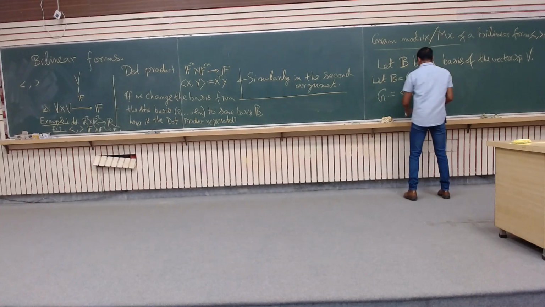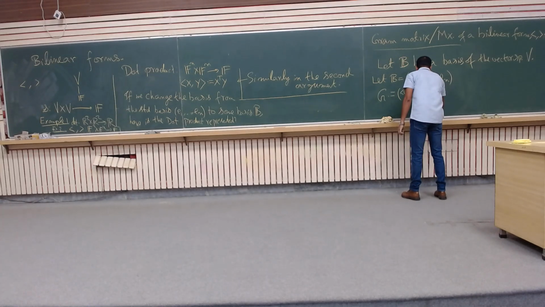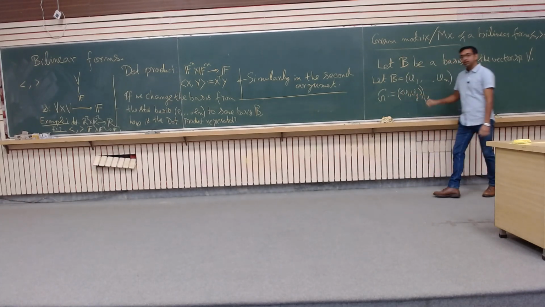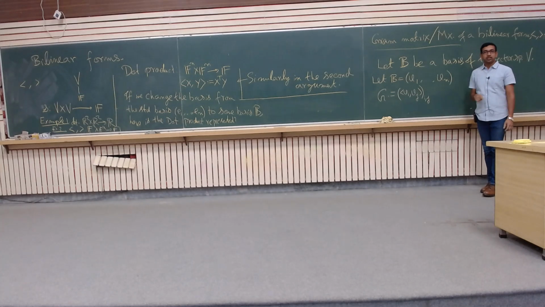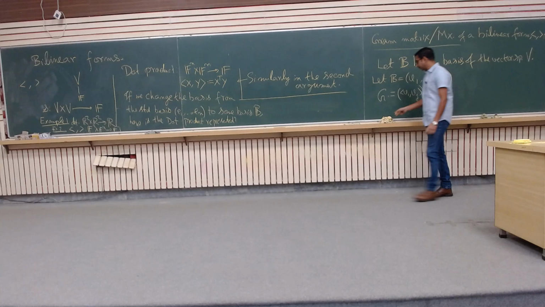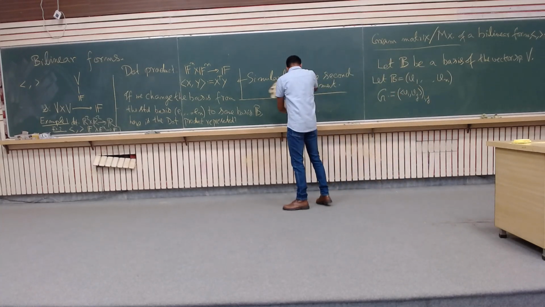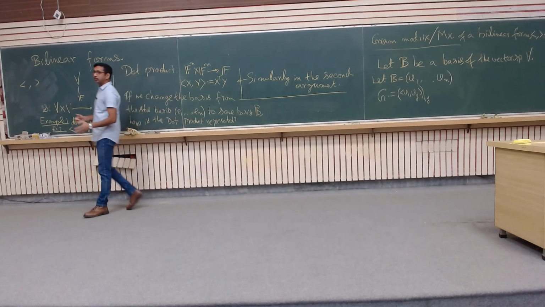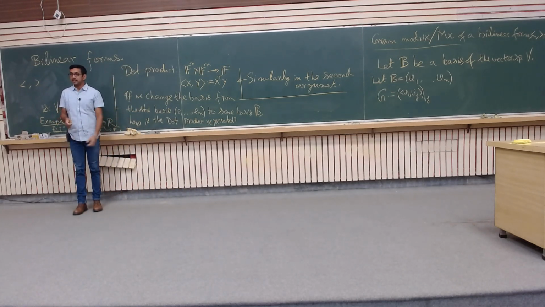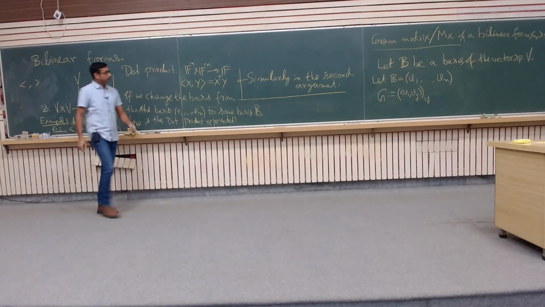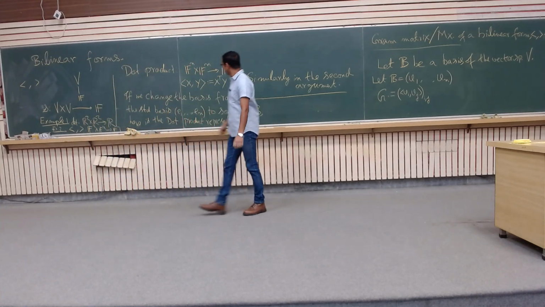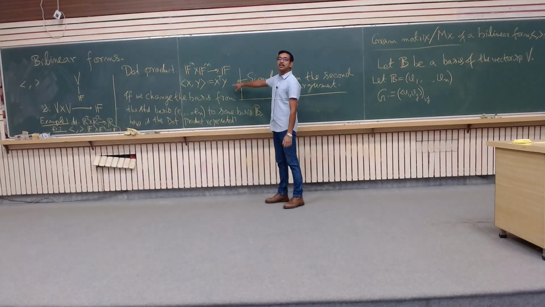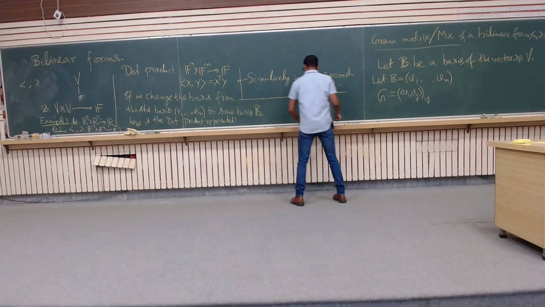And you define the ijth entry by vi, vj, with respect to the bilinear form. So that's the Gram matrix, and this is actually the underlying matrix of the form given a basis.